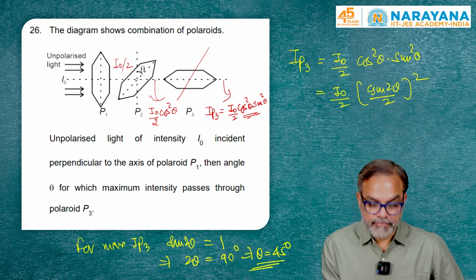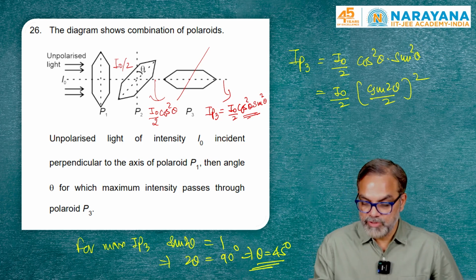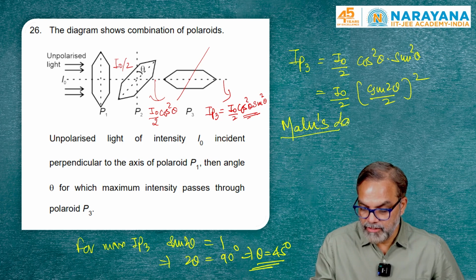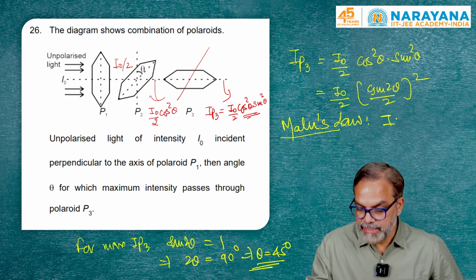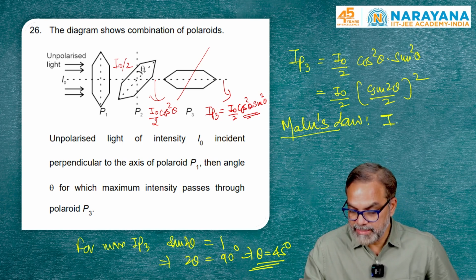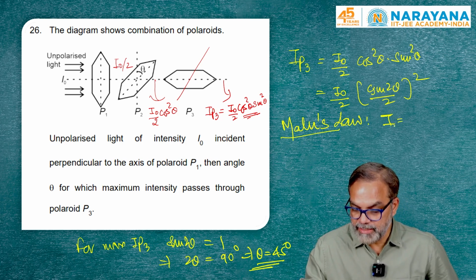So this again simply uses the very famous law, that is, intensity when the pass axes are rotated is something like this. After passing through the polarizer it is like I naught cos square theta, right?